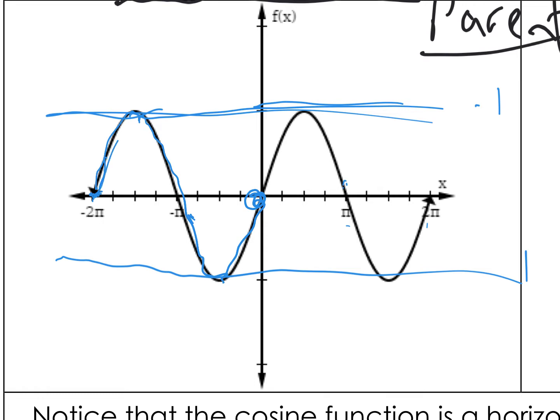The blue looks identical to the red. That's because they repeat themselves, and the distance from where it started until it ended, we call that the period.